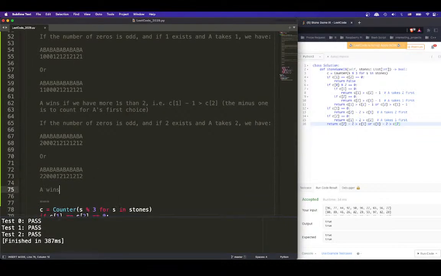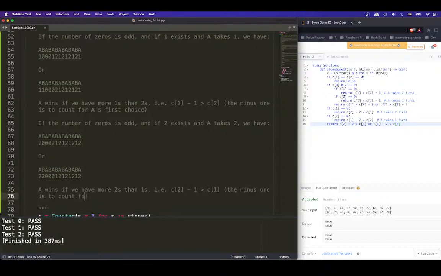So A wins if we have more 2s than 1s. That is C2 is larger than C1, but C2 has to minus 1. Right? Minus 1 is to count for A's first choice.